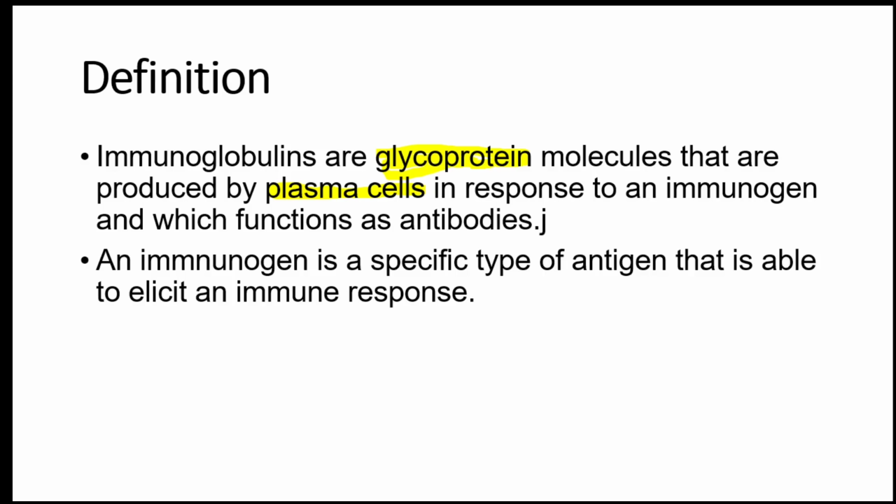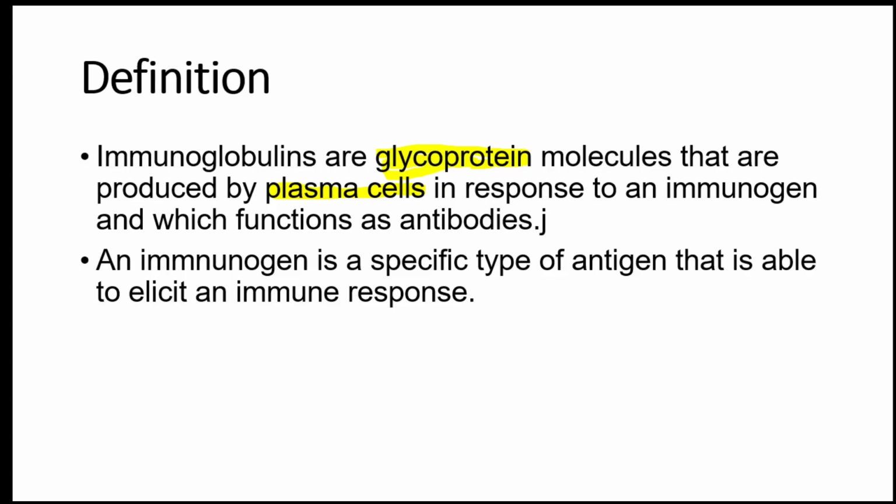So if your body encounters what we call the immunogen, which is able to elicit an immune response, you find that plasma cells are going to release immunoglobulins.